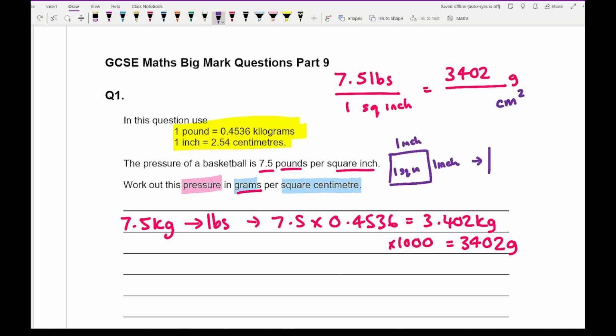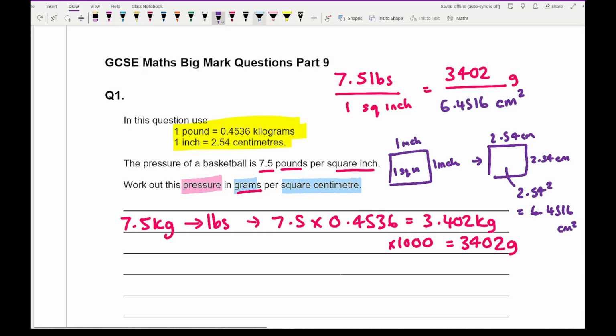Then if I convert that into centimeters in terms of the lengths, well, that's going to be 2.54 centimeters, and that's going to be 2.54 centimeters. So then to work out the area, that's going to be 2.54 squared, which equals 6.4516, and that's centimeters squared.